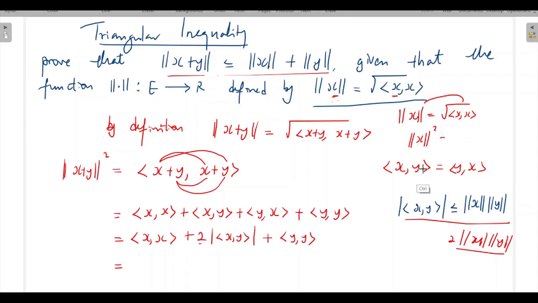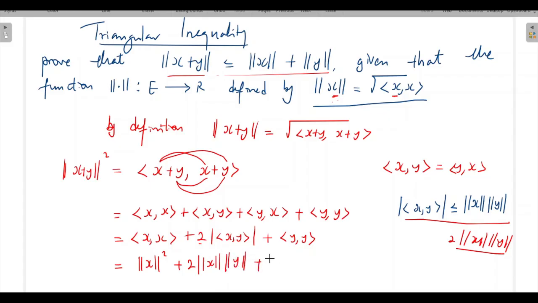If that is the case, then it is safe to say that this part is also norm x squared plus 2, and don't forget this part, norm x, norm y, plus this will also give us norm y squared. I hope you are following me. So now, let me write out this part carefully so we'll be on the same page. This is what our result is like.